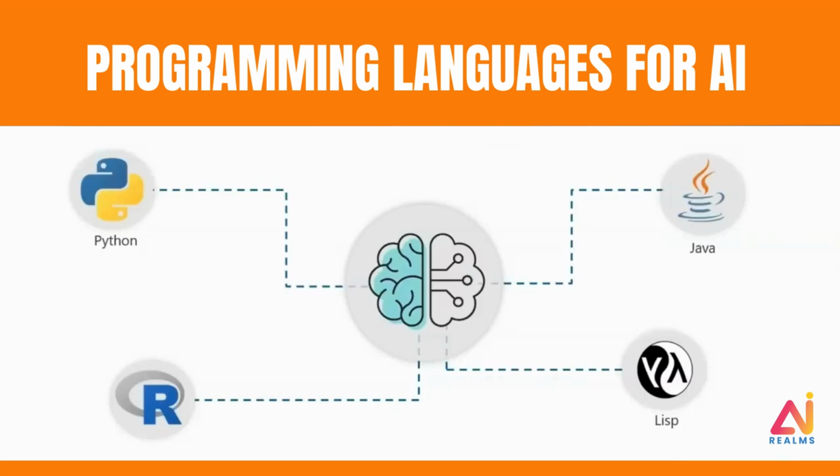Now, let me list out a few more languages. We also have something known as Lisp. Shockingly, a lot of people have not heard of this language. This is actually the oldest and the most suited language for the development of artificial intelligence. This language was invented by John McCarthy, who's also known as the father of artificial intelligence.